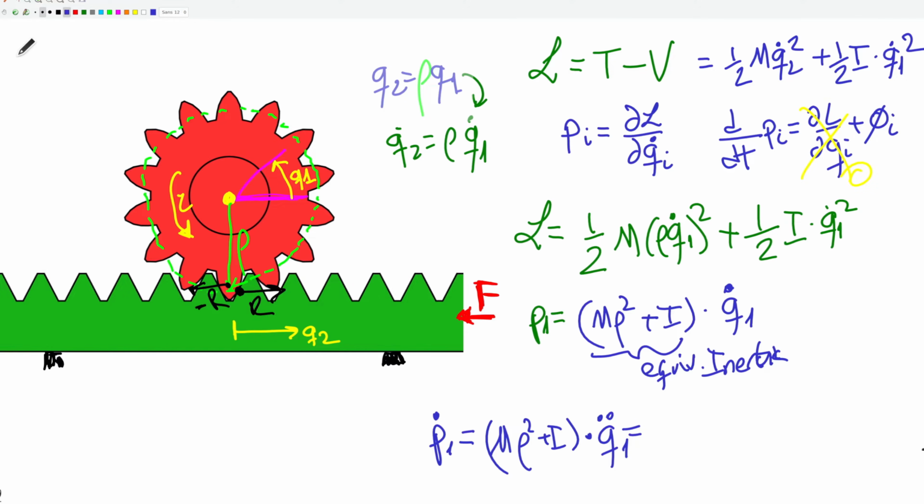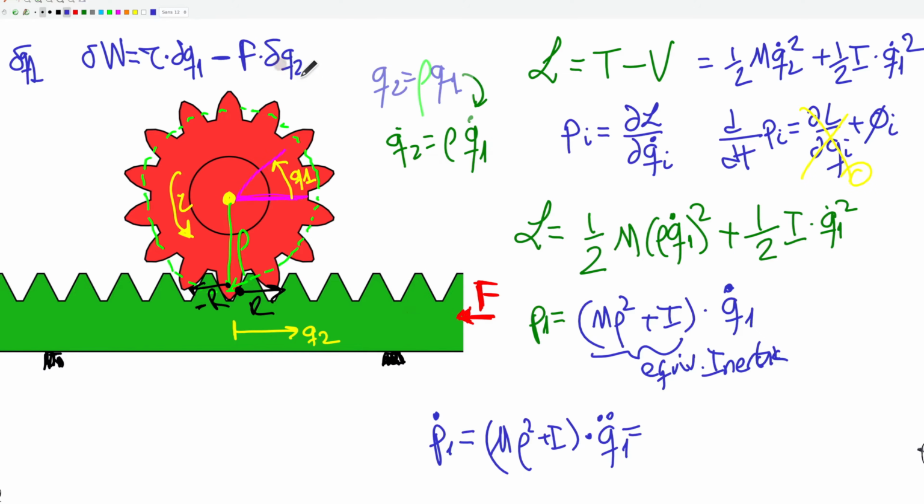When Q1 has a virtual displacement delta Q1, then the work will be torque times angular displacement plus force times linear displacement, in this case not plus but minus because of these opposing directions.